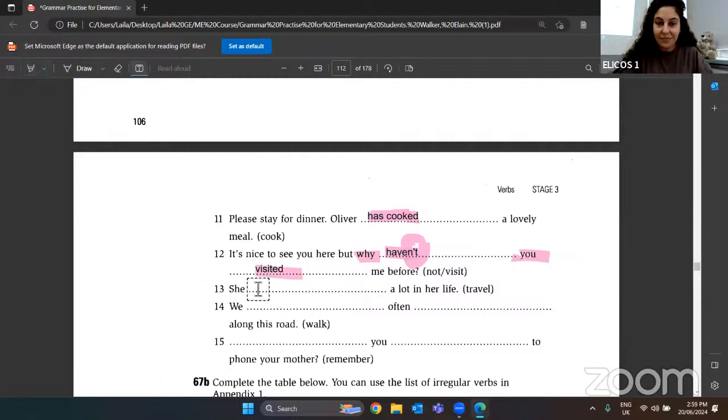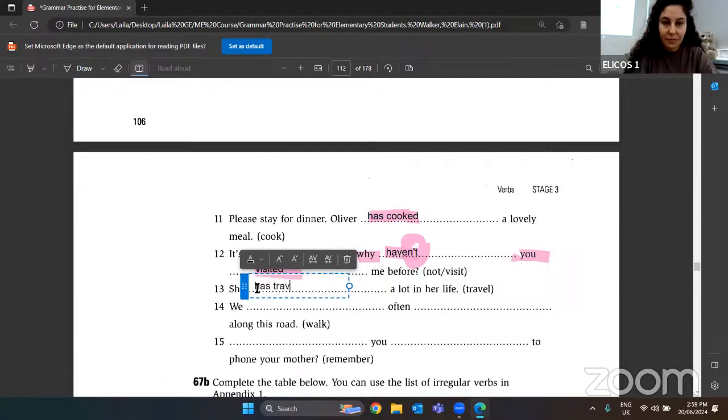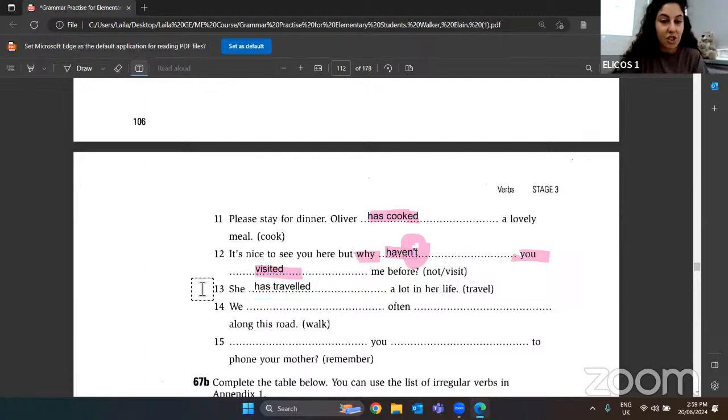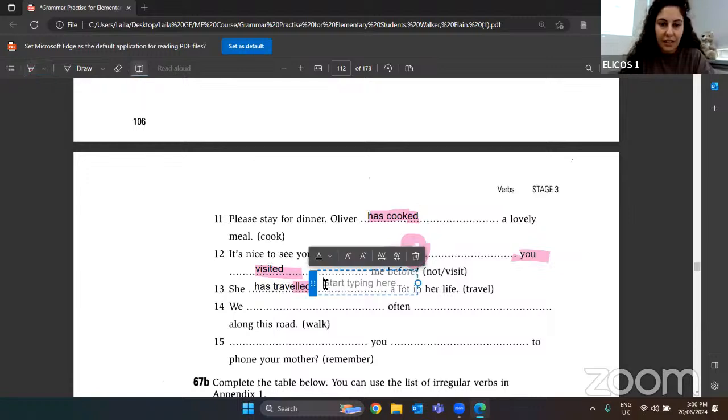Okay, 13. She has traveled a lot in her life. Yes, she has traveled. And remember, we need to double the L because it's a verb that ends in an L. So to travel, you must put double L. Is no double L British English or American English?